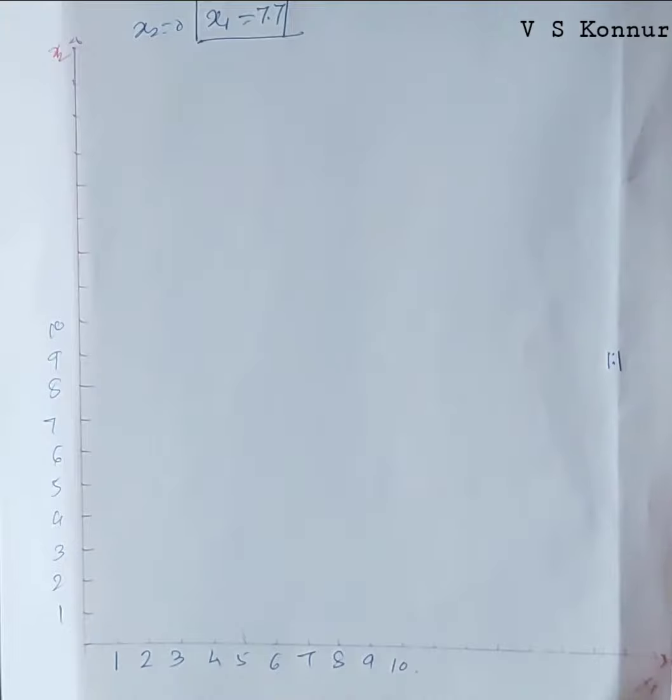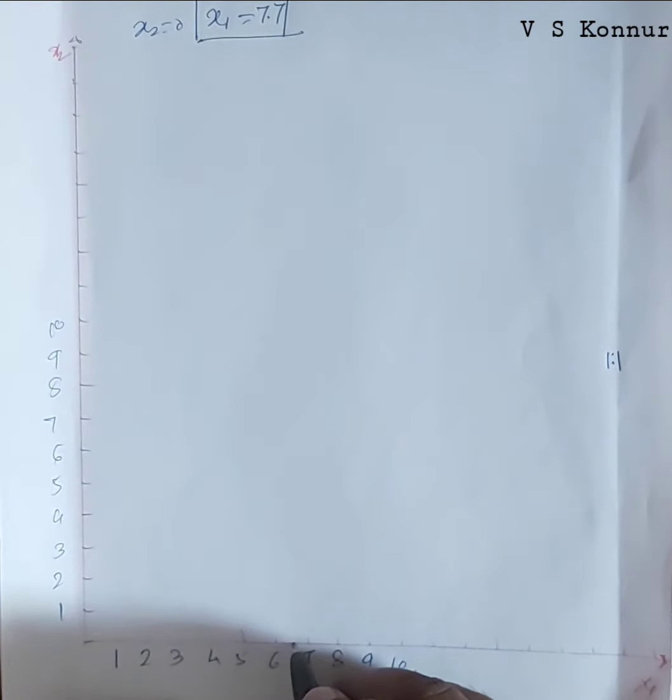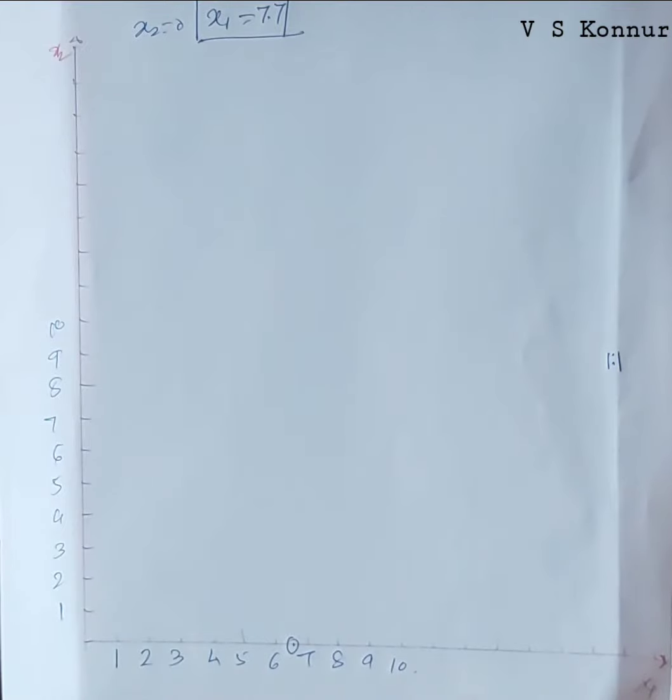So the first line: from the first constraint we got x1 is equal to 6.6 and x2 is equal to 10. So 6.6 approximately we will take, then x2 equal to 10.